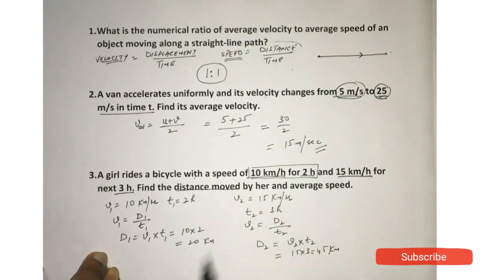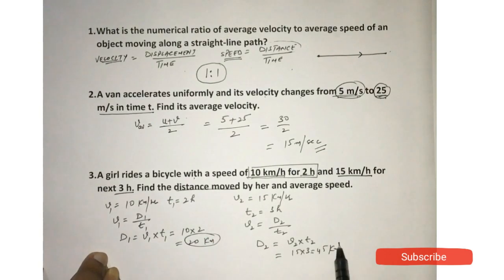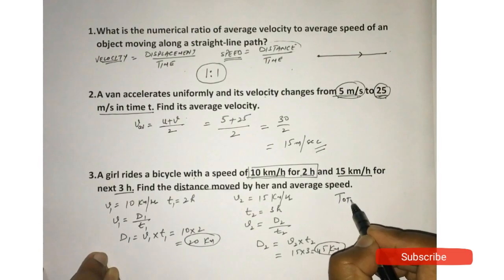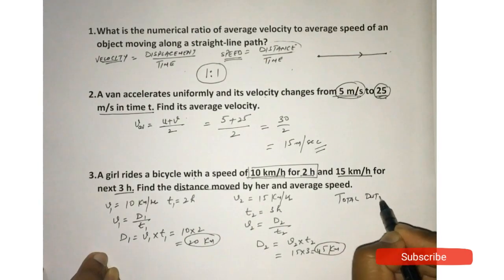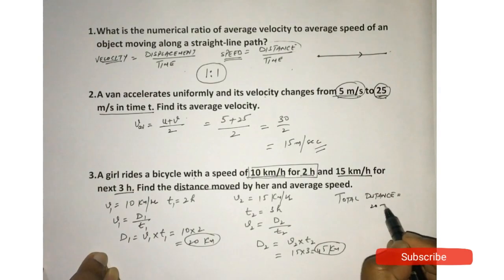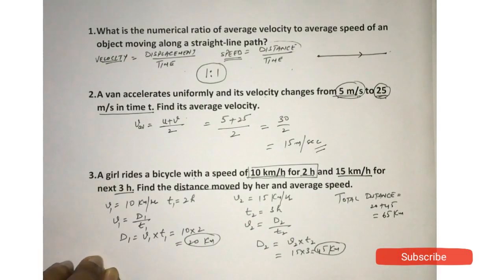Now the question is, find the distance moved. So the total distance is 20 plus 45, which becomes 65 kilometers. Clear?